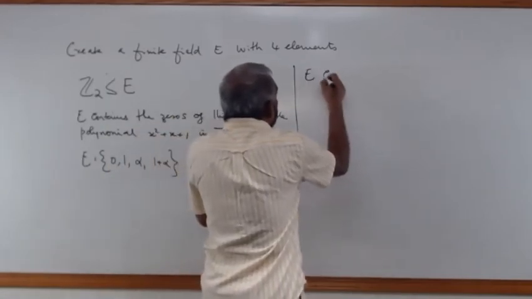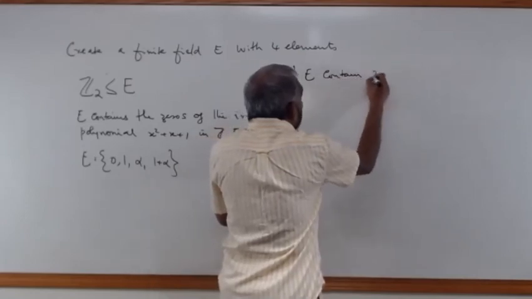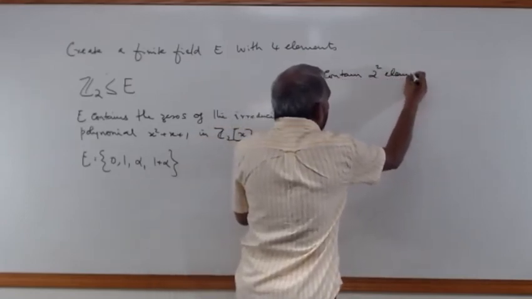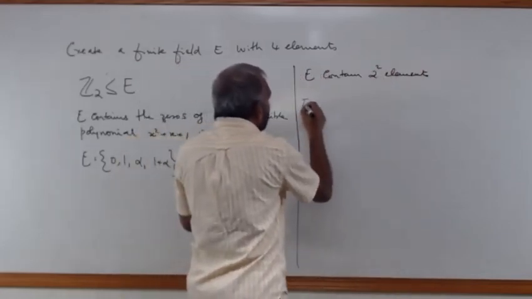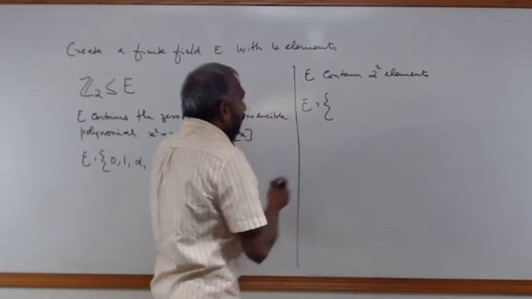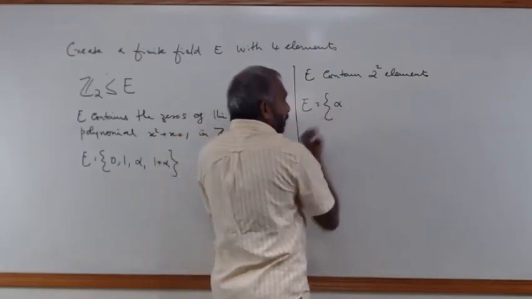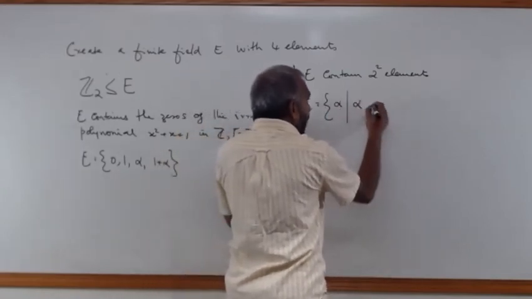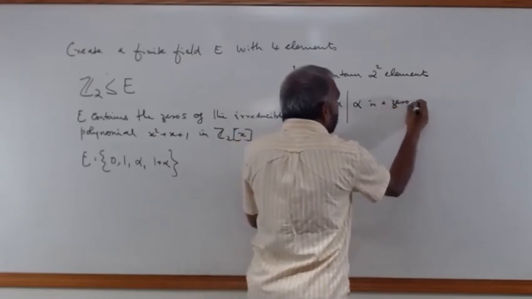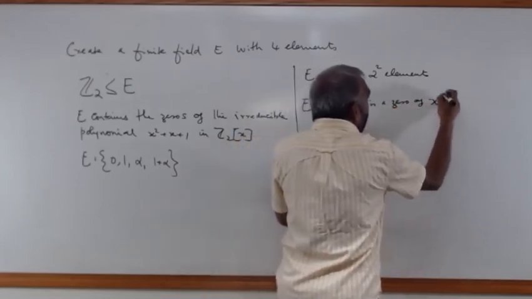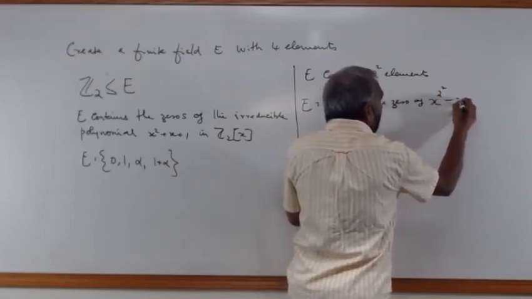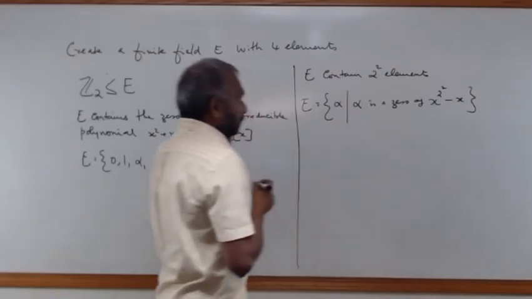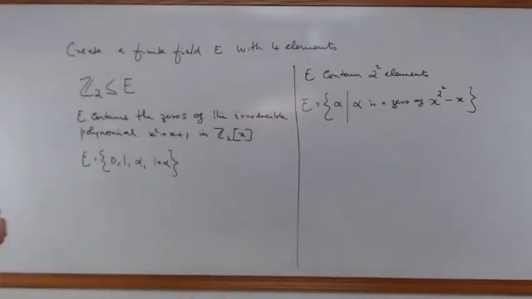E contains 2 square elements from our results just established earlier, and E has the elements alpha such that alpha is a 0 of x to the power of 2 square minus x. That is what we established earlier.